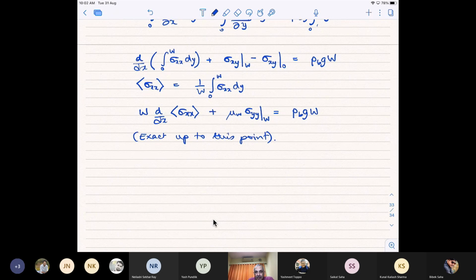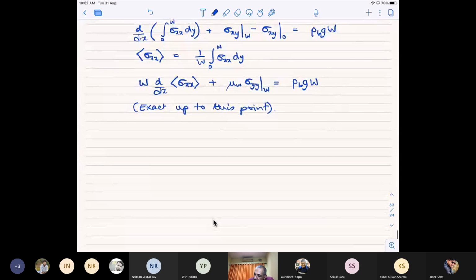Now we will make the approximation, and the approximation is that we take sigma yy at W to be approximately equal to k into the average value of sigma xx.